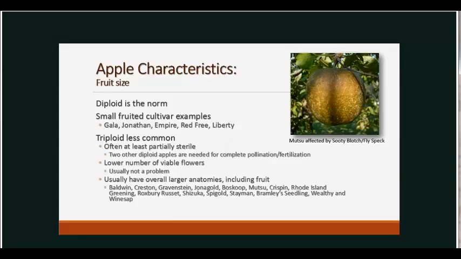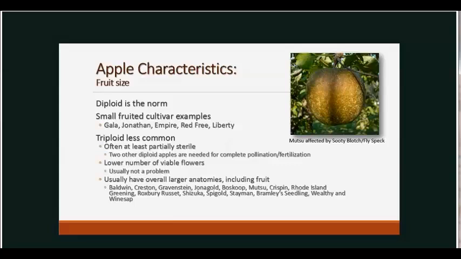In addition to that, the triploid type usually have a lower number of viable flowers compared to the normal diploid trees. What is required for you to get complete pollination and fertilization for a triploid tree is that you have to have 2 additional different cultivars to complete the process.